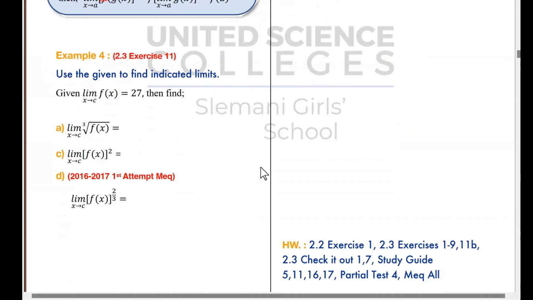So let's take a look at these exercise questions. We are given the limit as x approaches c of f of x, with a value of 27. As in the second set, I don't know what the value of f of x is. What I know is the value of the limit of f of x as x approaches c.